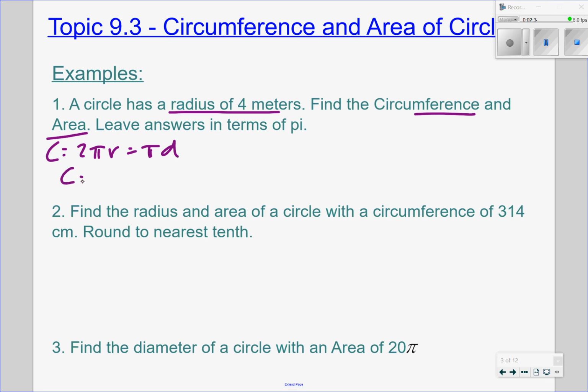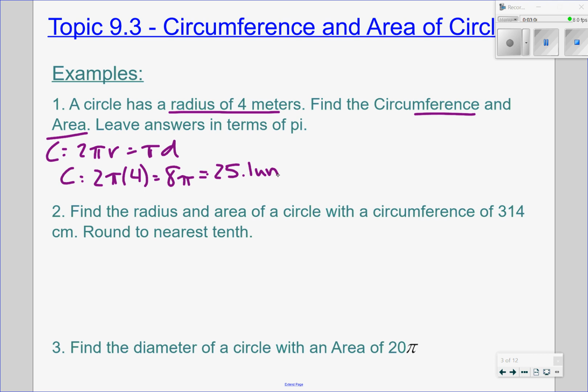So our circumference here would be 2 times pi times 4. Our answer in terms of pi, that means we leave pi in our answer, would be 8 pi. But if we round to the nearest tenth, a lot of you have that irrational pi button on your calculator, you would get 25.1.